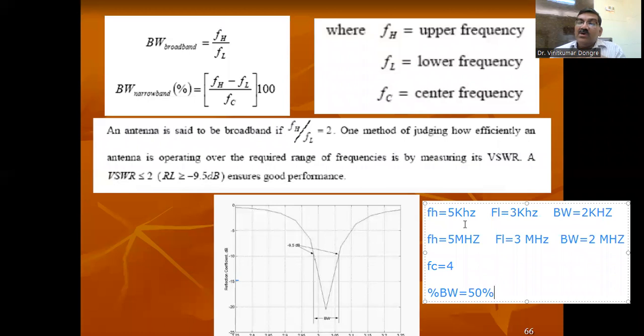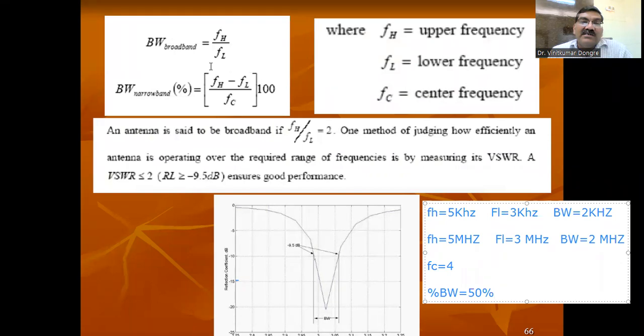So if I want to compare antenna 1 and antenna 2, the percentage bandwidth is the same. If we want to compare antennas in reference to the bandwidth for differently operating frequencies, then this parameter is taken, the percentage bandwidth. And this gives us the comparison between these two antennas.